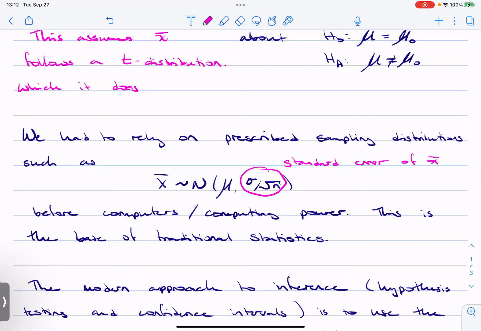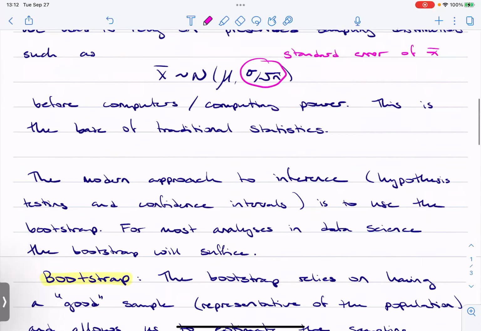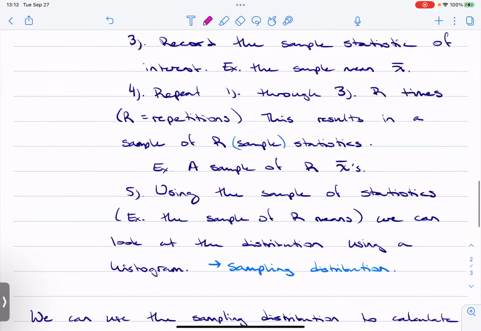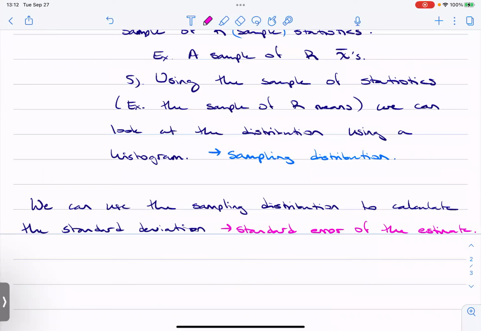But we don't need to do that anymore because now I have a sample of X bars and I don't need to keep guessing what it might look like. I can just generate these samples of X bars using the bootstrap, and then I can look at it and I can use those values. I can calculate the standard deviation of those values. And then that is my estimate for the standard error.